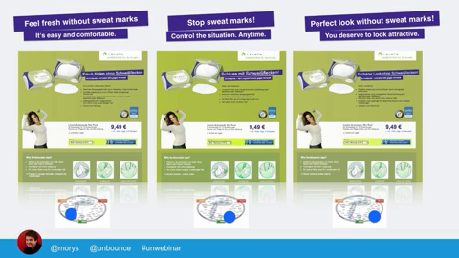Because here we tried to ask ourselves, if the corporate identity tells us everything is fixed and we can only change the copy, can we also emotionally focus on certain motivations only by changing the copy? And this is what we did right here.